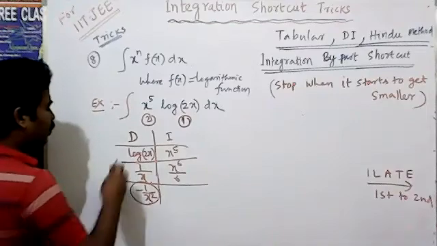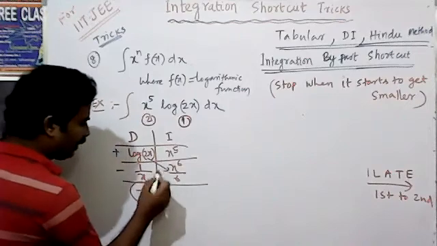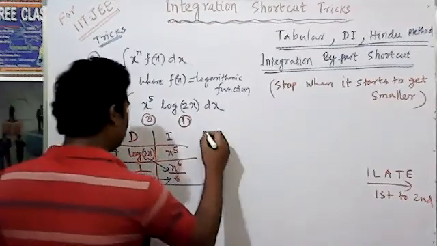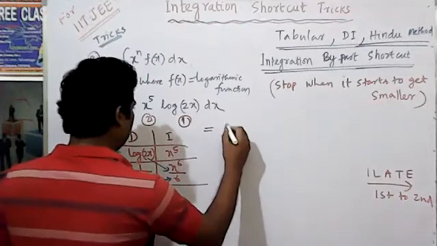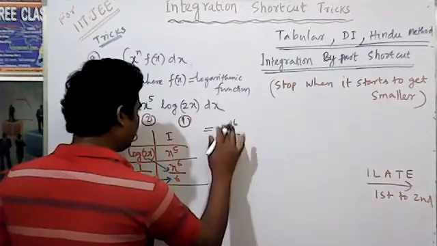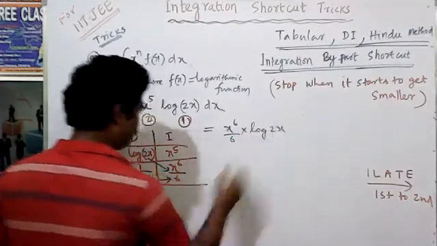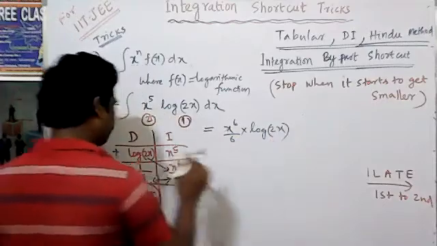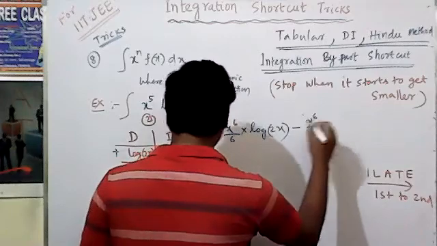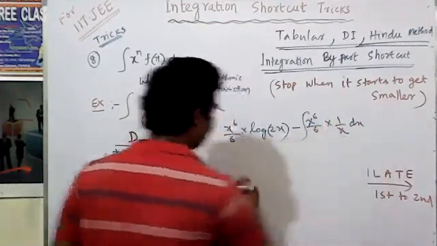Now you can see what the sign represents. That means after multiplication, this concept will come. What concept? This is equal to x to the power 6 by 6 into log 2x minus x to the power 6 by 6 into 1 by x dx.